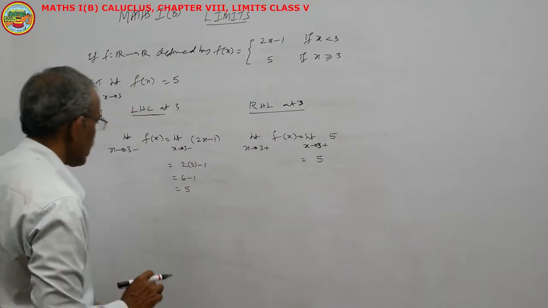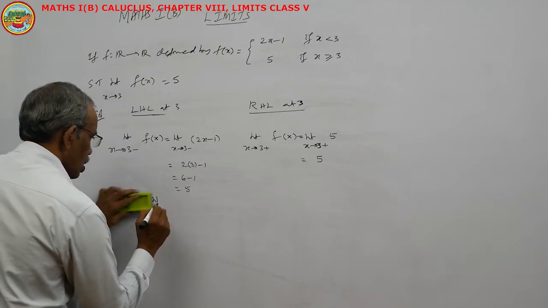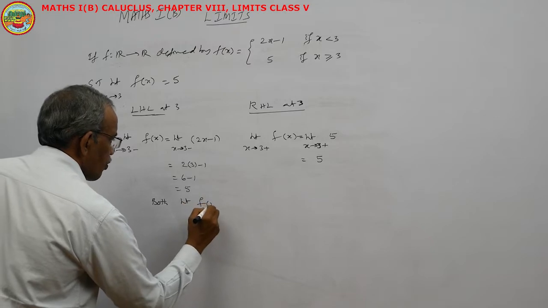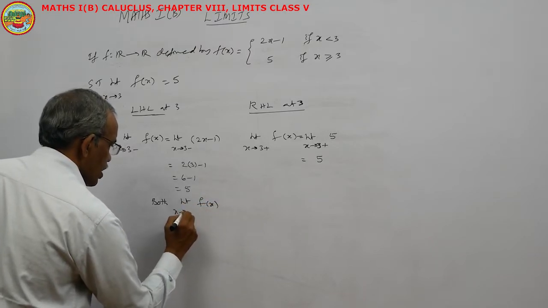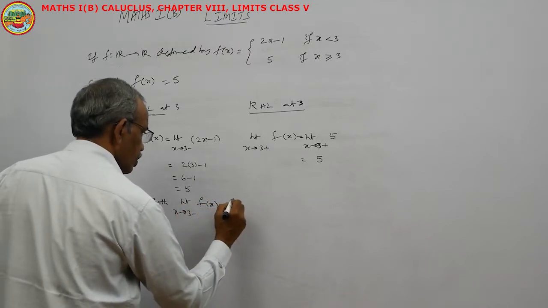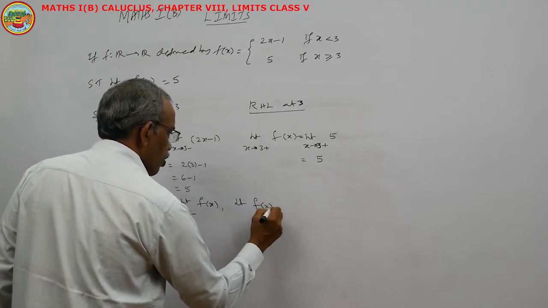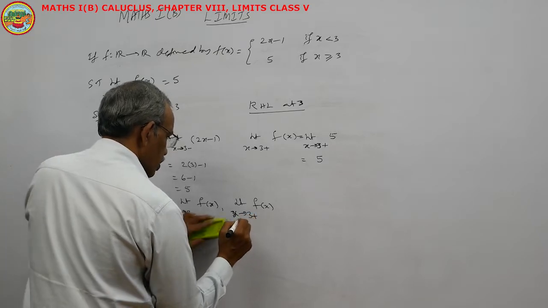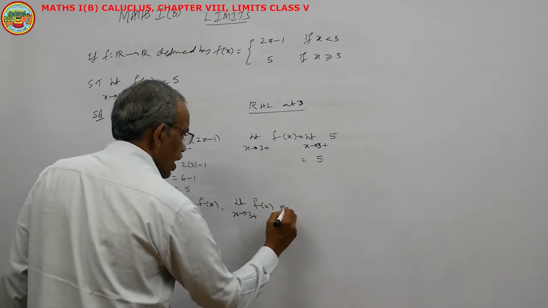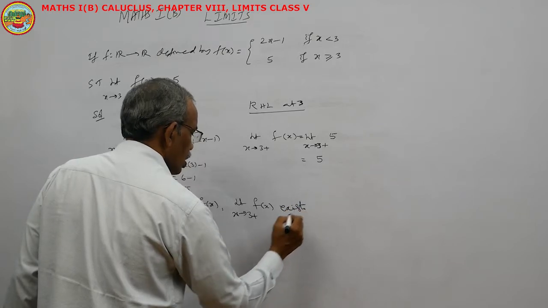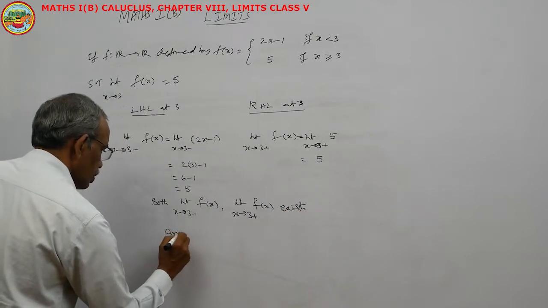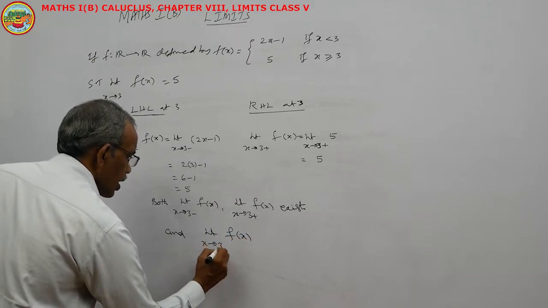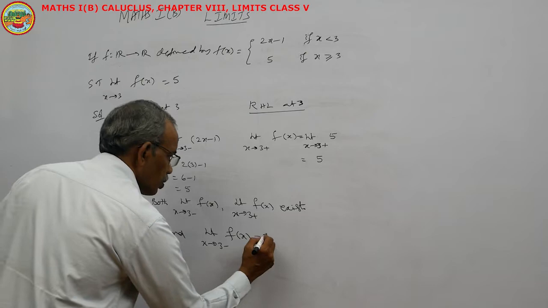So we conclude that both the limit of f of x as x tends to 3 minus and the limit of f of x as x tends to 3 plus exist, and the limit of f of x as x tends to 3 minus is equal to 5.